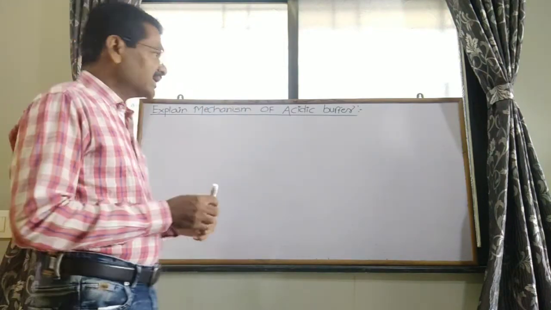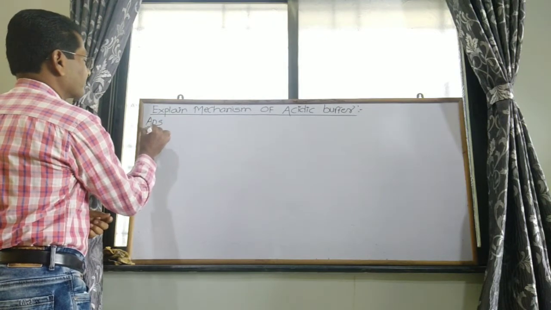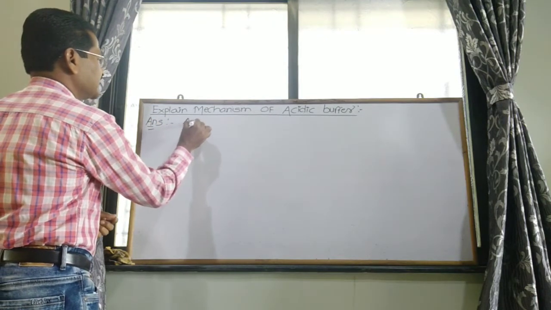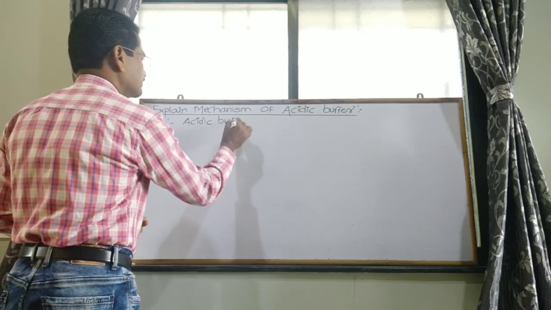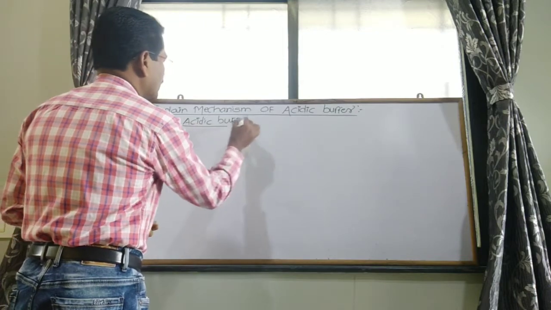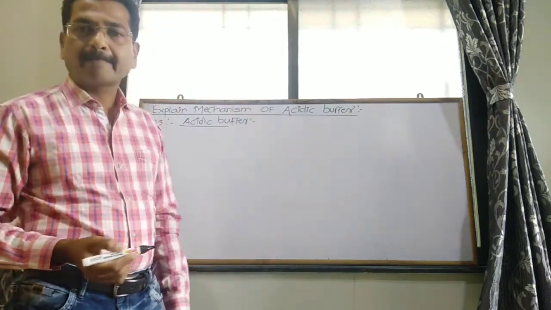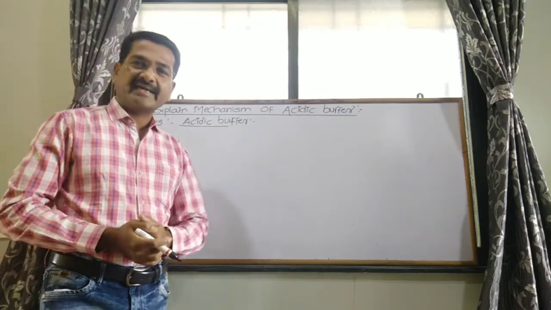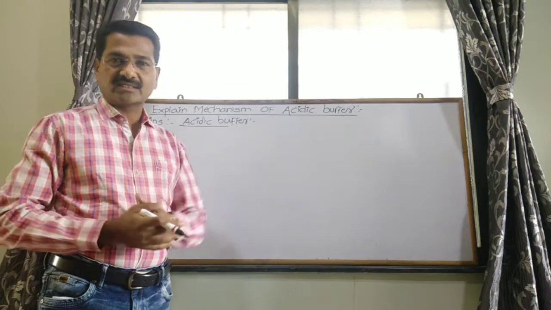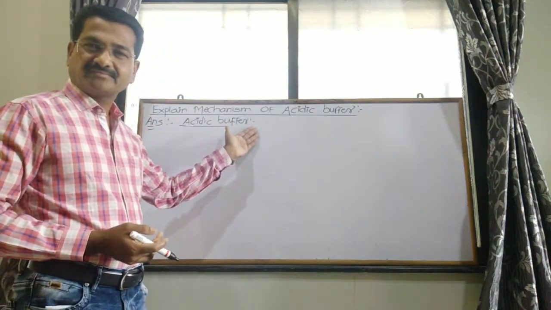So first of all, see the definition of acidic buffer. We know the definition of acidic buffer from the previous period. Both types of buffer, acidic and basic, were discussed with examples. So what is the acidic buffer?